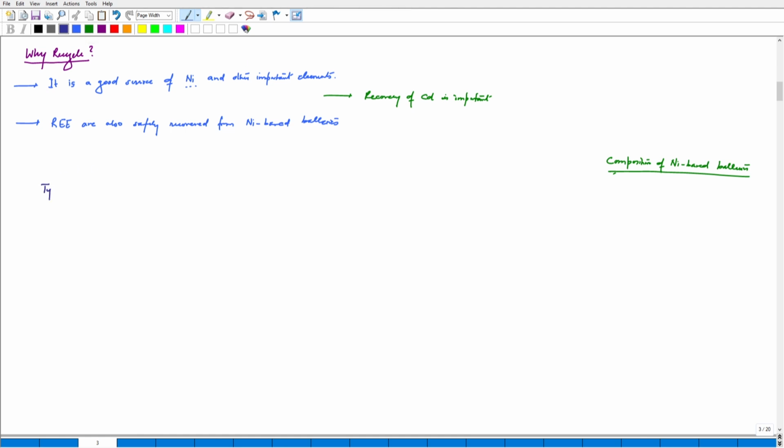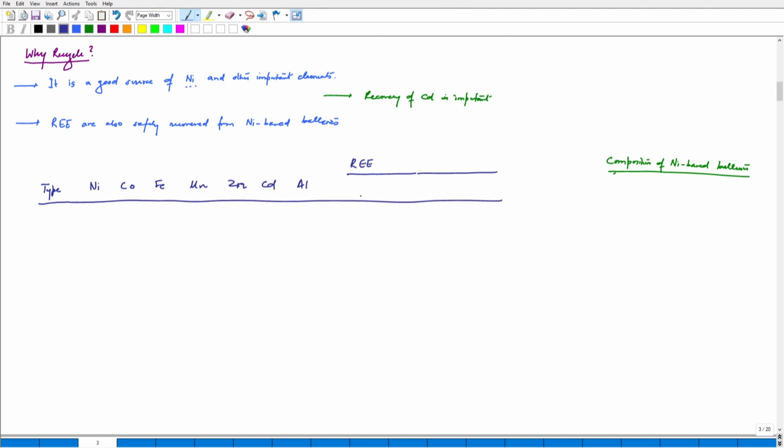We will just write type and nickel, cobalt, iron, manganese, zinc, cadmium, aluminium, and these are common elements. We will also look at REEs. So, a different segment for REEs. We have Ce, La, Nd, and Pr.